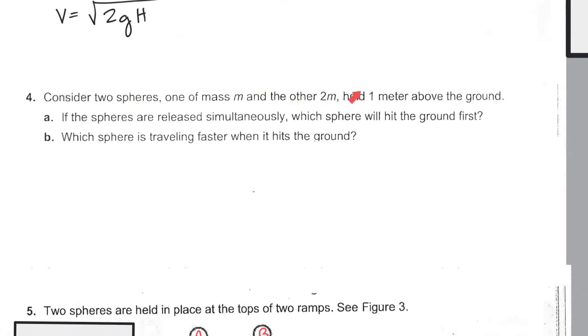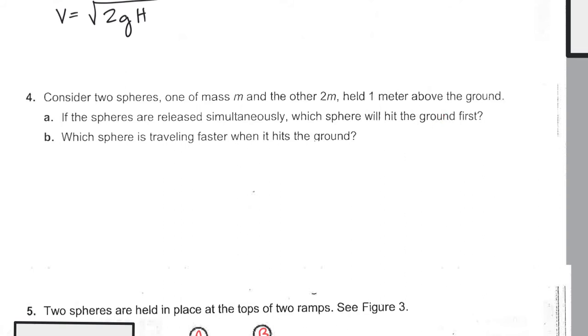So number 4, consider 2 spheres, one of mass m, the other of 2m, held at 1 meter above the ground. If the spheres are released simultaneously, which sphere will hit the ground first? Otherwise known as which sphere will go fastest. Okay, so the only difference between the spheres would be one is lighter than the other.